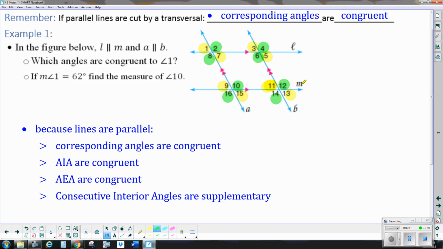Okay, so now if we know that the measure of angle 1 is 62 degrees, find the measure of angle 10. Okay, so we have to first find angle 7 or some other angle. So if angle 1 is 62 degrees, then angle 7 is also 62 degrees.